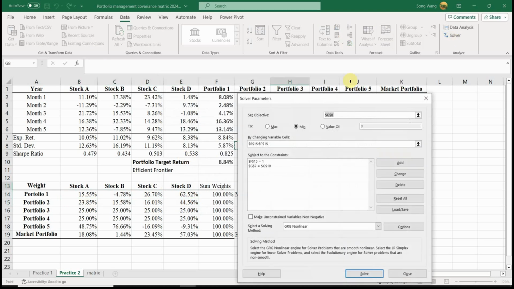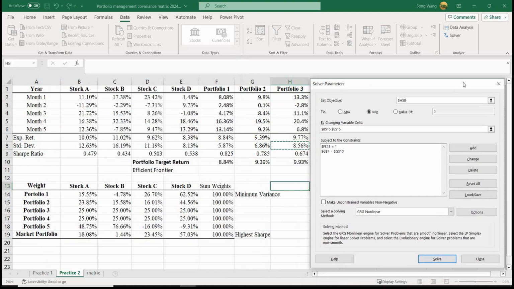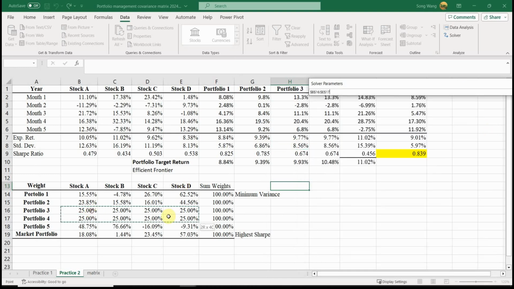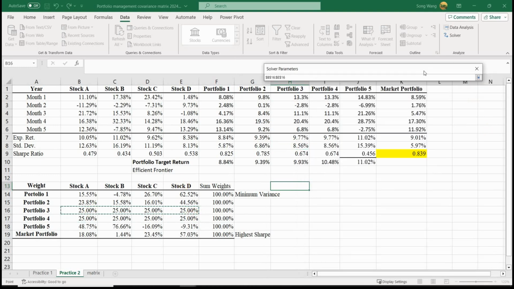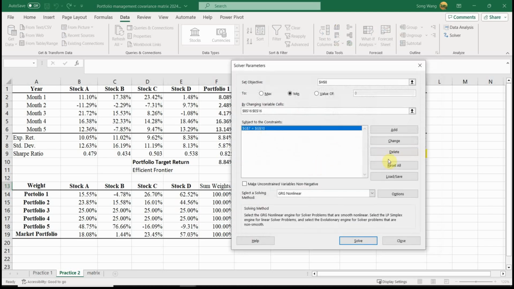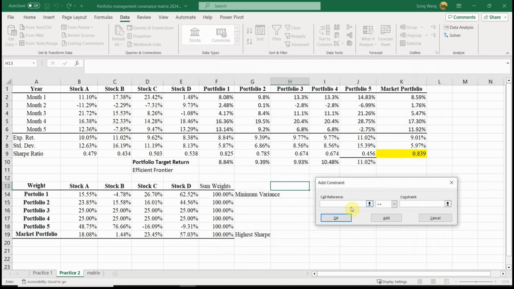And then perform Solver again. This time I need to do portfolio 3's risk, by changing portfolio 3's weights. Okay, and I want to delete the previous constraint, delete them, and then add a new constraint, which is portfolio 3's weight equals 1.